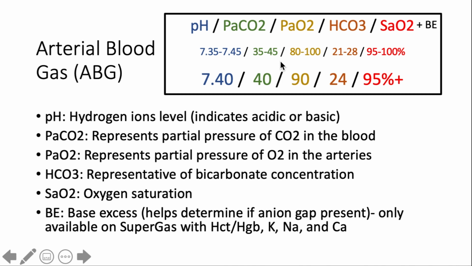This is all measured arterially. We like to get it from either the ulnar or radial artery. We can also get it from the femoral artery and some other places, but this allows us to have the appropriate amount of CO2 before oxygen and CO2 have exchanged at the capillary beds. That's why the PaO2, or the partial pressure of oxygen, is going to be up here, 80 to 100.